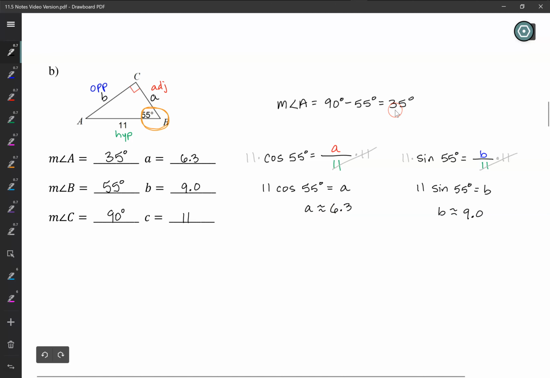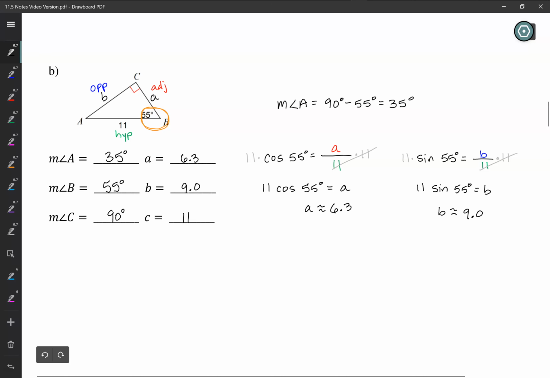You could have used the 35 degree angle instead of the 55 degree angle. That would have flipped these fractions upside down because it would have switched which side was opposite and which one was adjacent, because you would have been looking at the other angle. There are lots of different ways you can do this. I'm showing you one choice here.